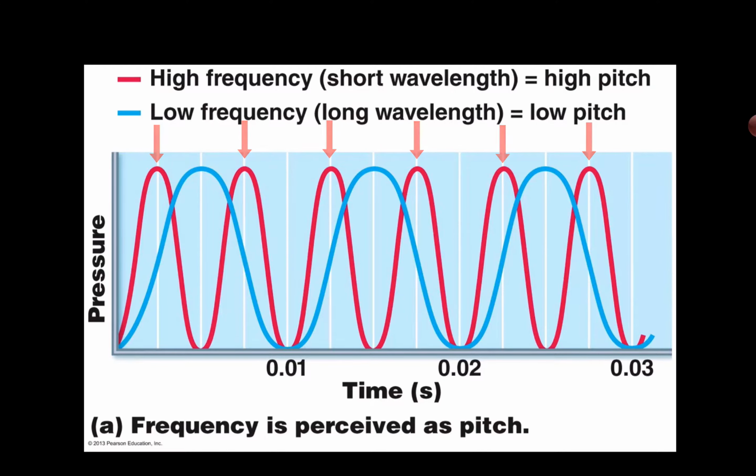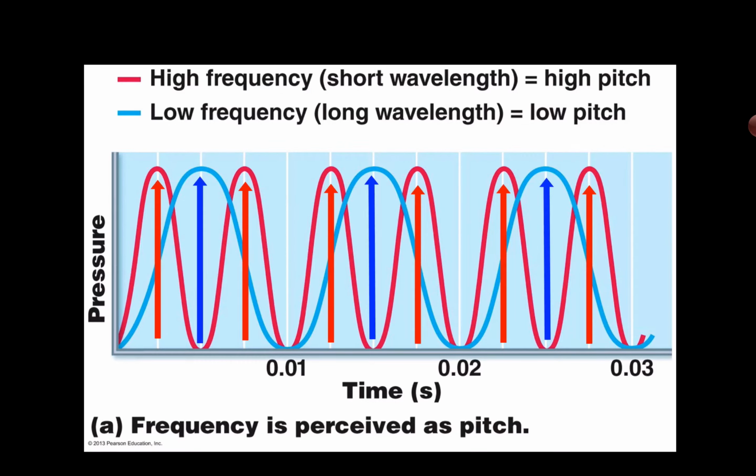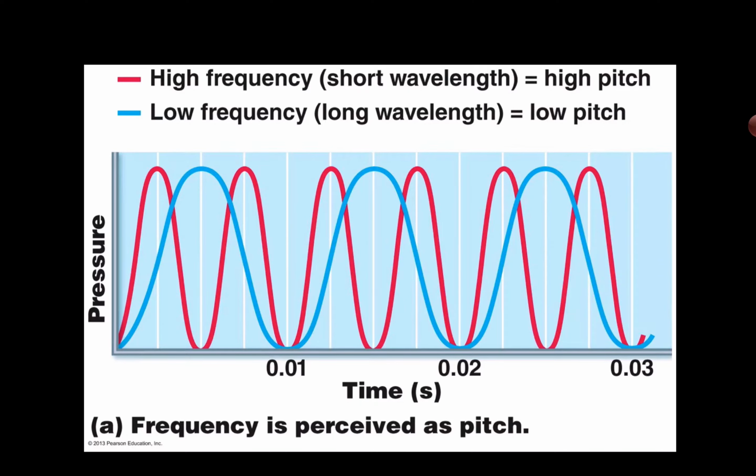So short waves versus the low frequency, the blue lines here, those are going to represent low pitch because they're long wavelengths. But notice on this particular graph that the height of these waves are exactly the same. So the volume in this case would be exactly the same between these two sound waves.